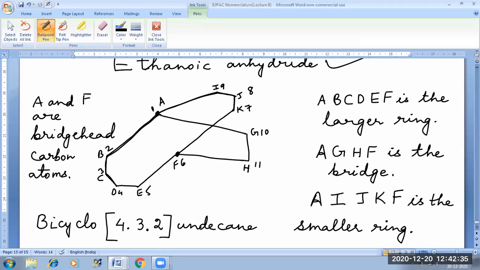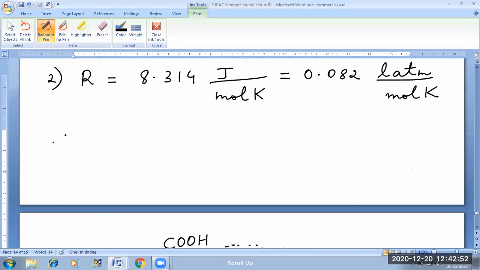Any doubt? Okay, any doubt in this? Okay. Name this compound. I'm writing the compound. Name this.